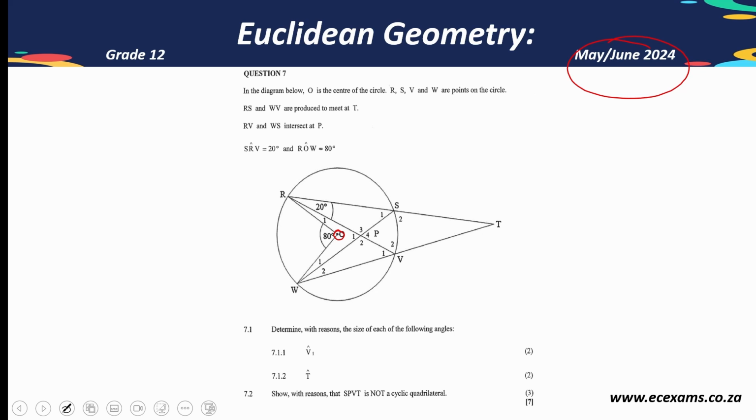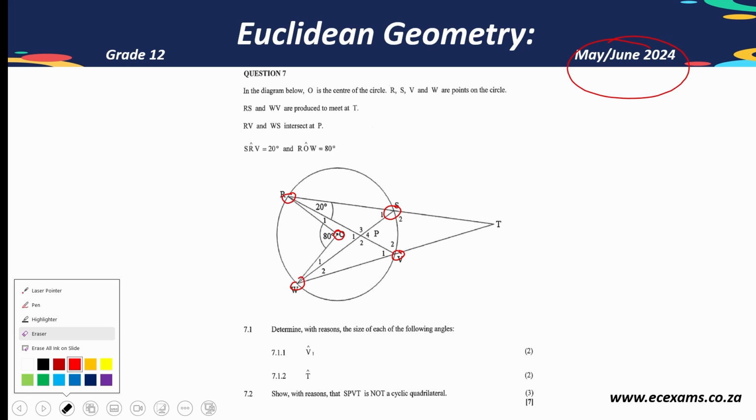Then we are told that R, S, V, and W are points on the circle. R, S, V, W. There they are. Be very careful. R, S, V, and W do not form a cyclic quadrilateral. Just because they're on the circle circumference doesn't mean that it is a cyclic quadrilateral.